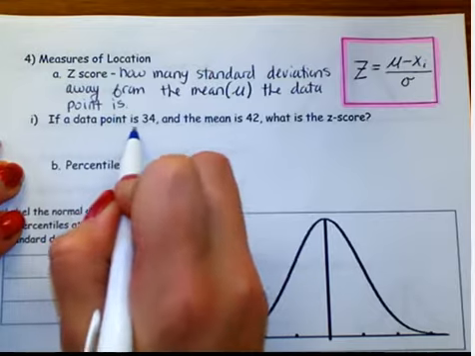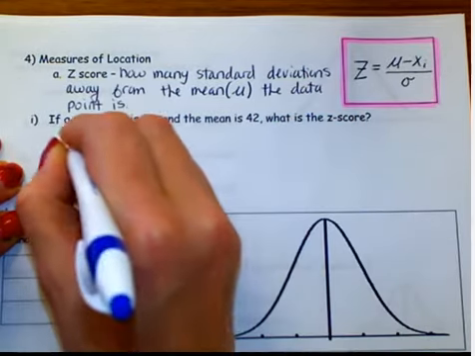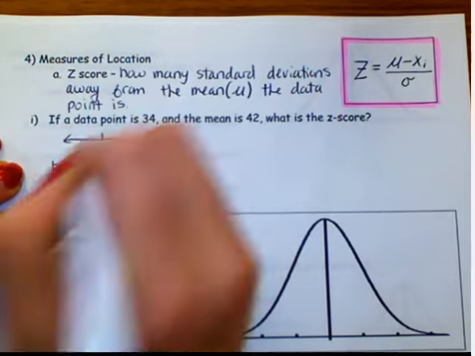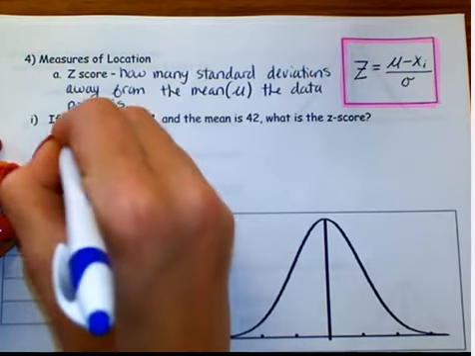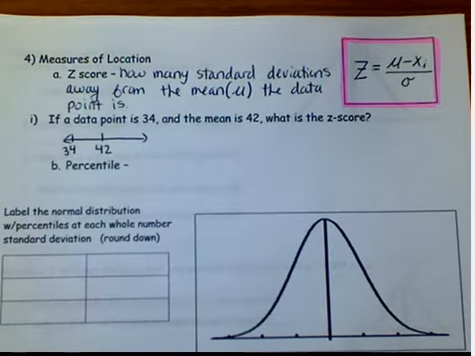If a data point is 34 and the mean is 42, what is the z-score? Can you figure out how many standard deviations away from the mean this data point is? No, you're missing information.